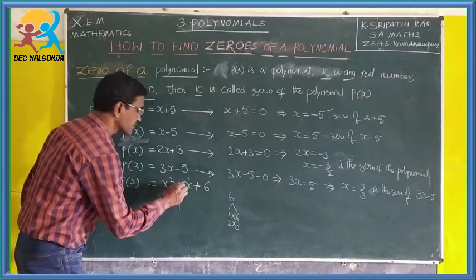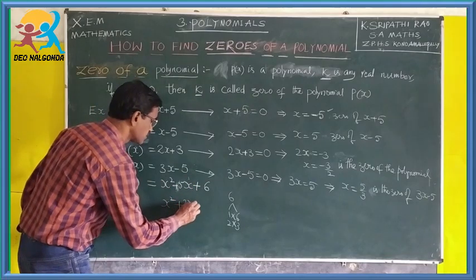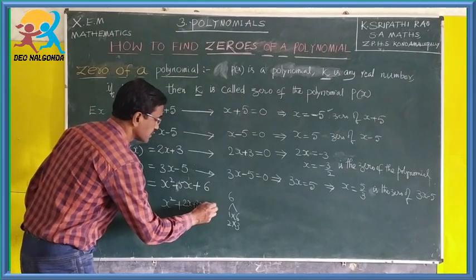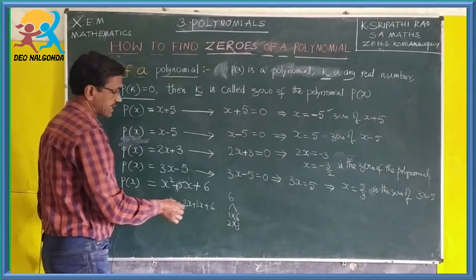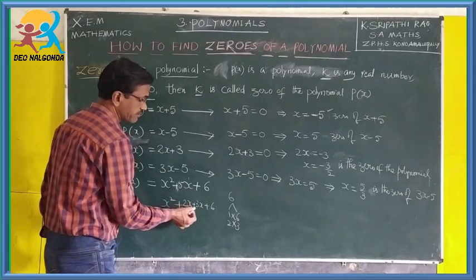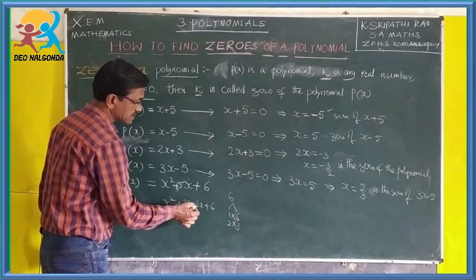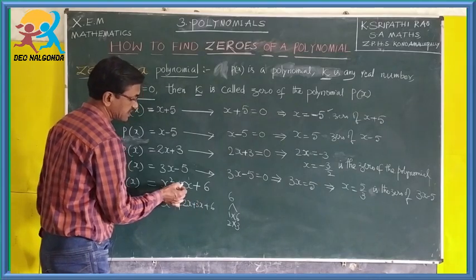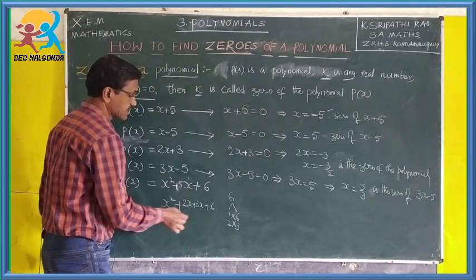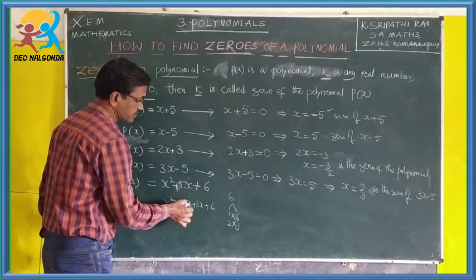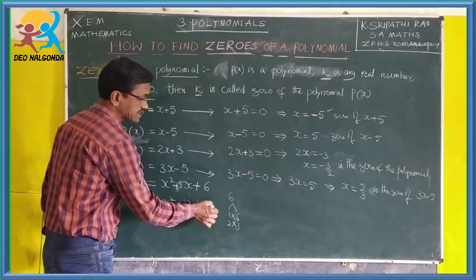So x square plus 5x can be written with 2x plus 3x. We have to split 5x as the sum of two terms, so that by adding these two numbers we get the middle term 5x, and by multiplying these two numbers, 2 into 3, we get the constant.